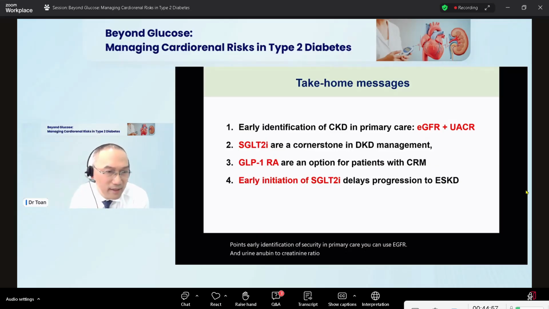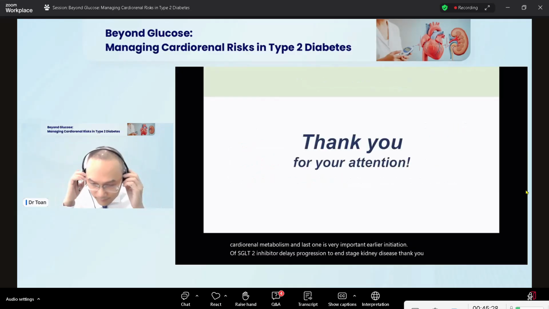SGLT2 inhibitor is a cornerstone in diabetic kidney disease management, and GLP-1 receptor agonist is an option for patients with cardiorenal metabolic disease. And last one is very important: earlier initiation of SGLT2 inhibitor delays progression to end-stage kidney disease. Thank you for your attention. Thank you.